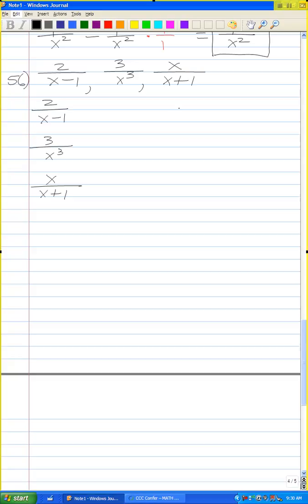So the least common denominator will just be x cubed, x minus 1, x plus 1.